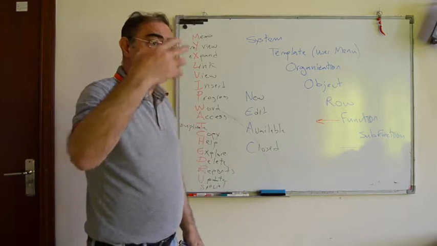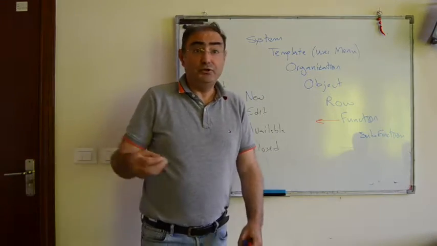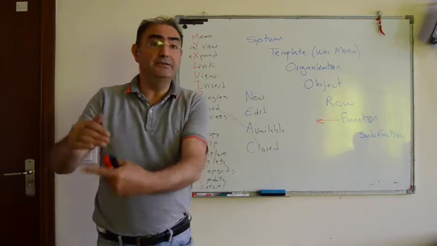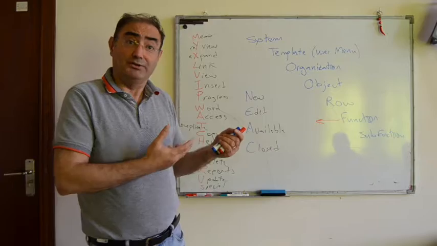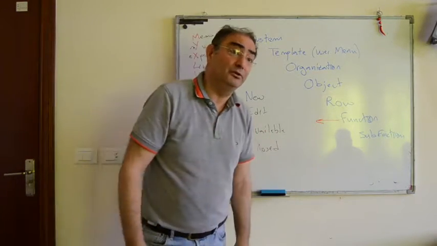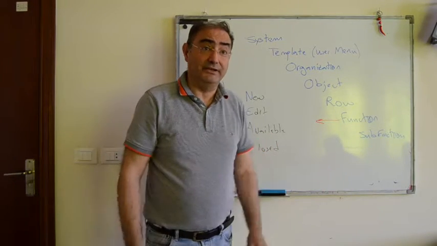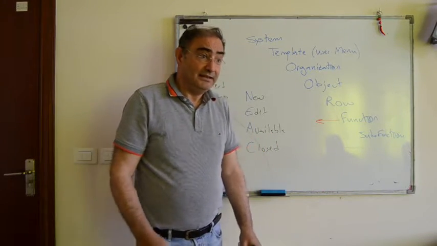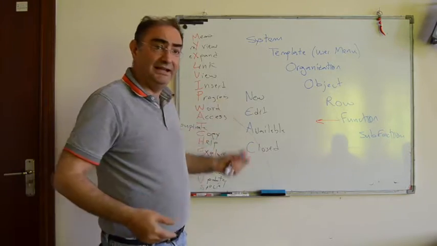Example, a project that is of status type closed, you should not be able to do a new invoice in it, right? But a project of a status type available, you should be able to do a new invoice inside it, right? So depending on the status type of the parent, we decide which one.